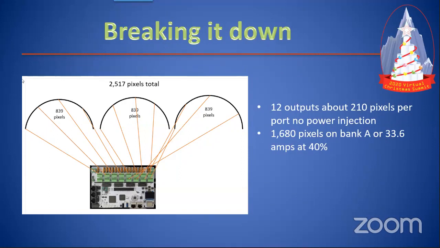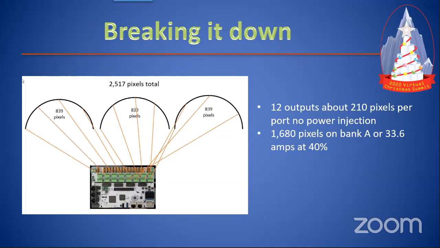If I was a person who did not want to do power injection, and I wanted to make sure that I didn't have flicker, I didn't have power loss, ultimately, I'd probably need to use 4 ports off the controller. In turn, I'd end up using 12 ports just to control 3 elements out of my roof.